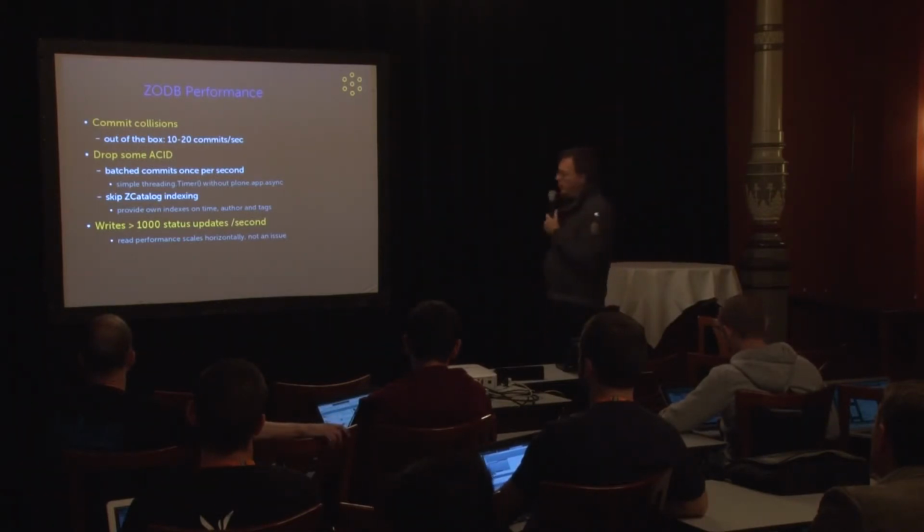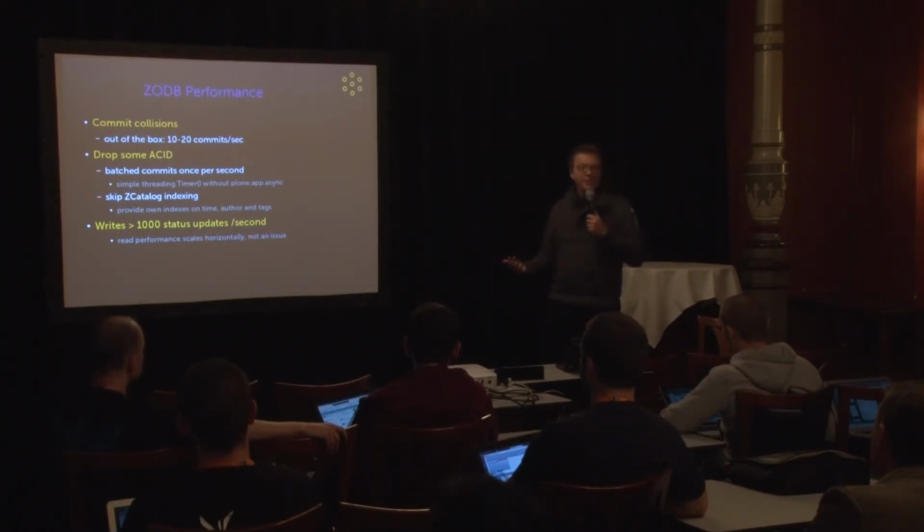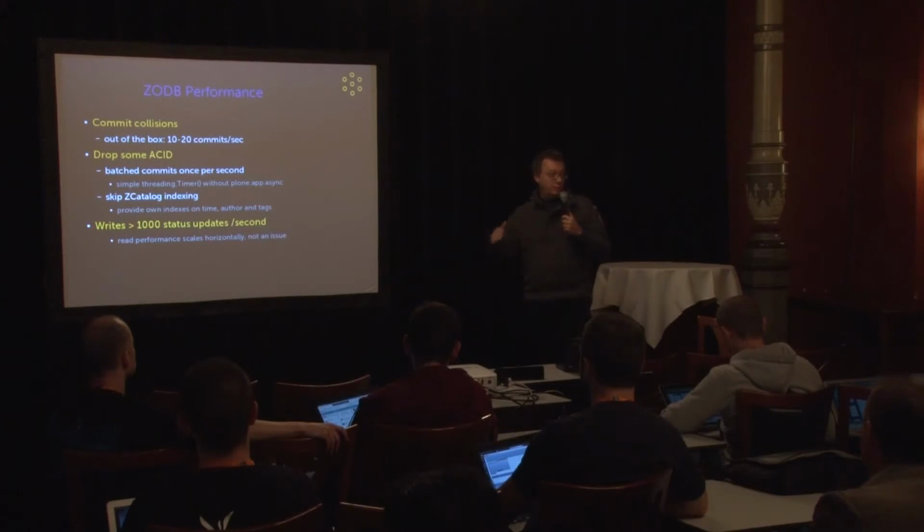And we finally came up with a solution that first drops some asset, which means don't store everything into the ZODB right away, but just cache it in memory for 1 second. I mean, we can allow to lose 1 second of tweets, once a year, right? If you do that, then you can flush those once a second into the ZODB, and that's 1 commit per second instead of 1,000 if you have 1,000 messages.